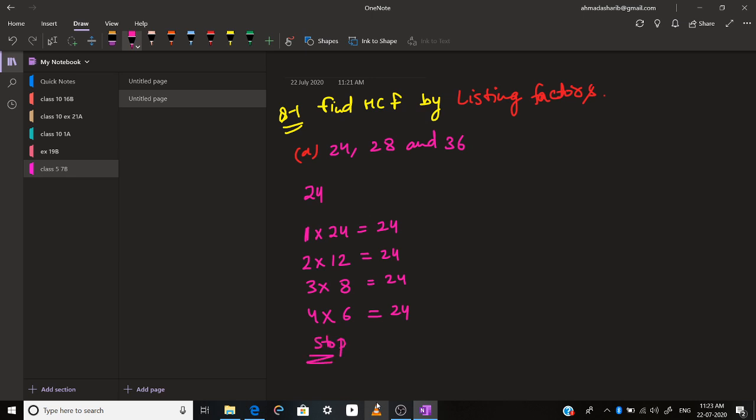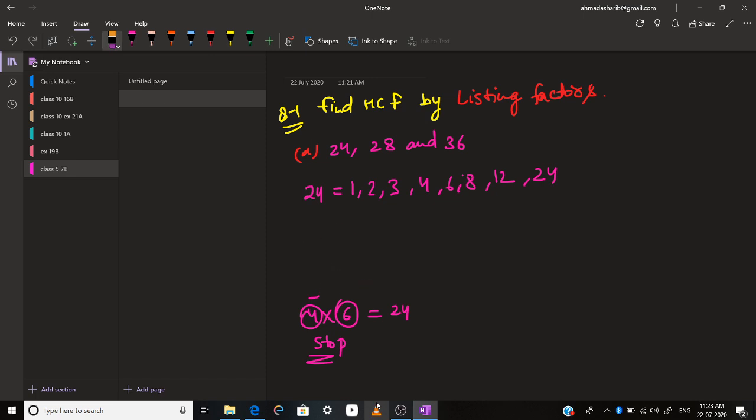Now what are the factors of 24? 1 is the factor of 24, then 2, then 3, then 4, then 6, then 8, then 12, and then 24 is the factor of 24. So this is the method by which we are going to find the factors of a given number. Is it clear?